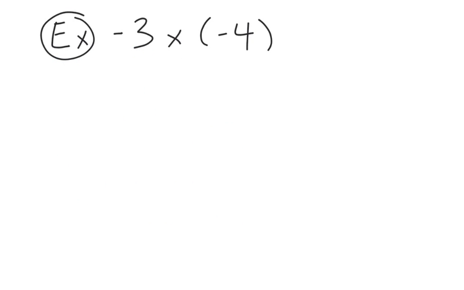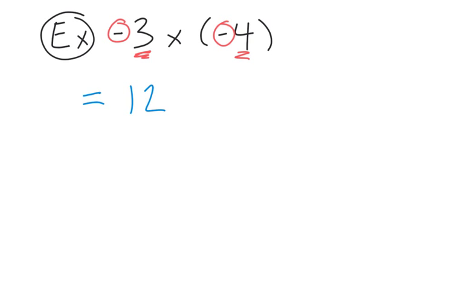In our first example, we're going to look at negative 3 multiplied by negative 4. Before we deal with the signs, let's look at the numbers. We have a 3 and we have a 4. When you multiply 3 by 4, your answer is going to be 12. Now, let's look at the signs. That is a negative number, and that is a negative number.